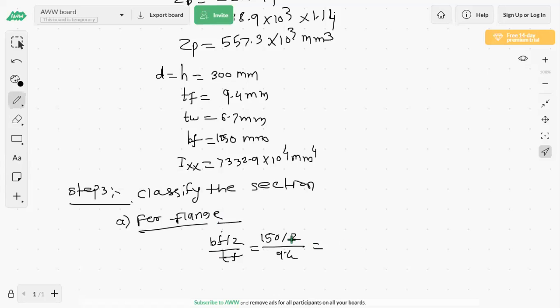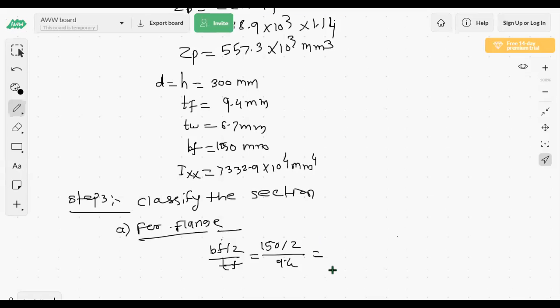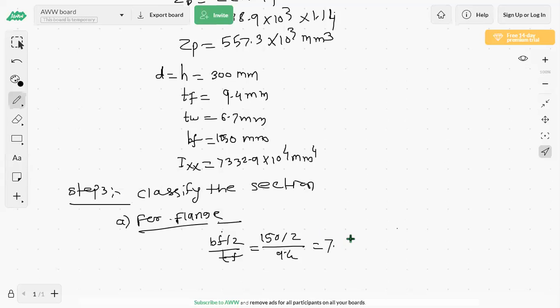This is 125 divided by 9.4, I think 7.98. 7.98 is less than 9.4, correct? It means the section is plastic.